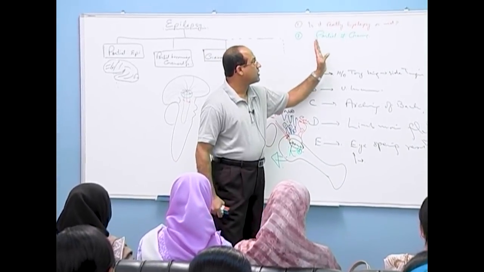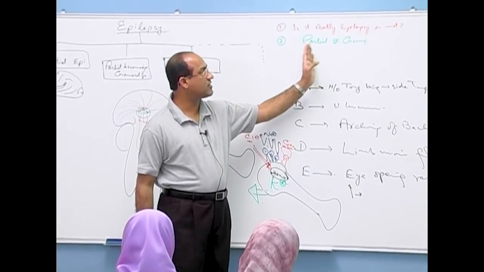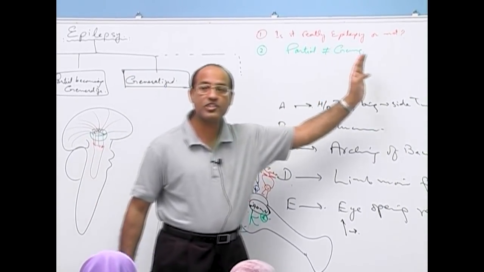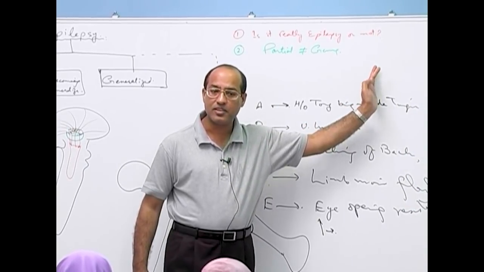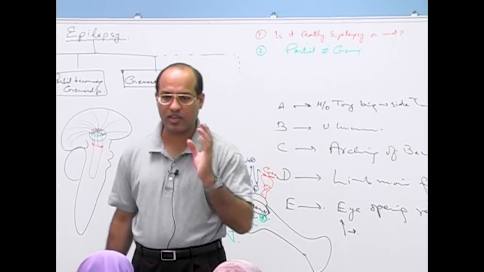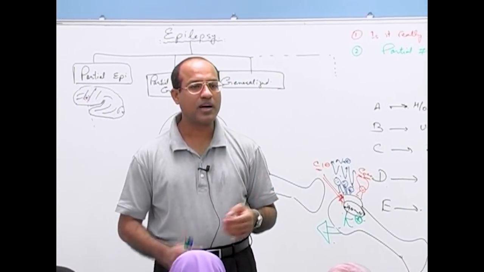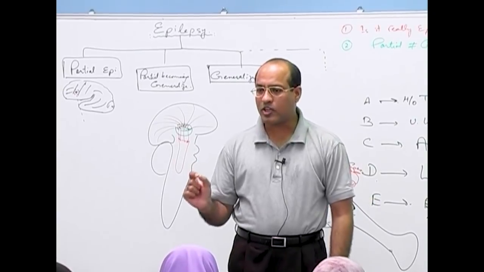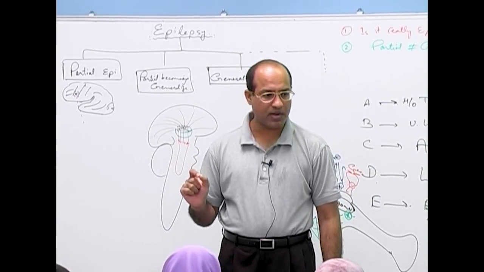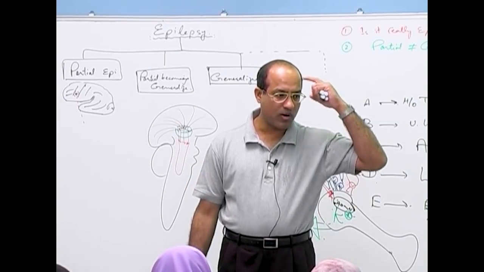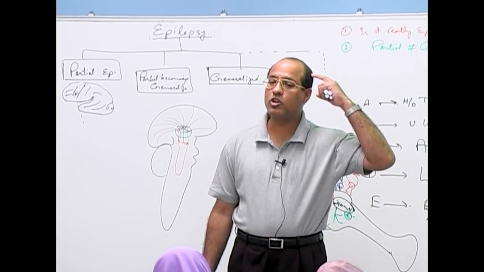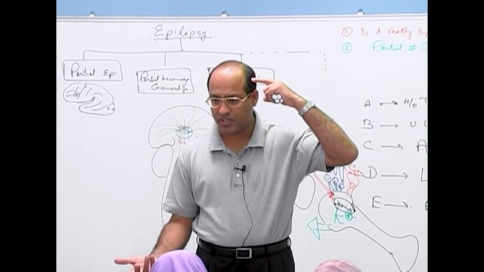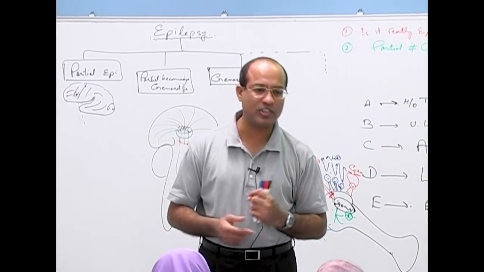Then you have to define the situation: is it partial, or partial becoming generalized, or truly a generalized case of epilepsy? Now what is the real difference between partial and generalized? As I told you previously, partial cases of epilepsy are those in which the onset of the attack can be referable to one hemisphere, and this onset may be detected by clinical observation or by EEG.